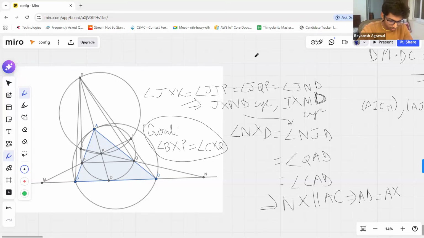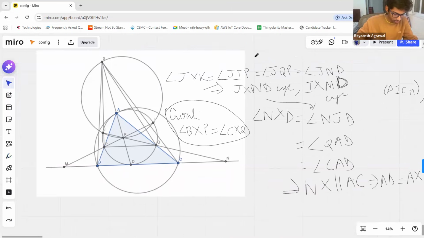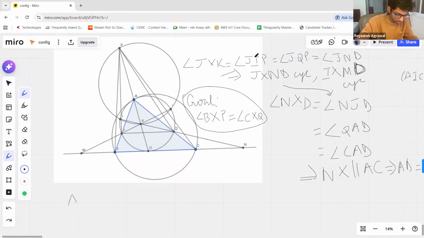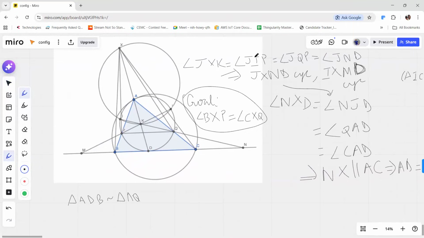ABD is similar to ADQ because, first of all, AD is the angle bisector and ADB is equal to AQB. So they've got to be similar. That means AD is the angle bisector, which we knew already.